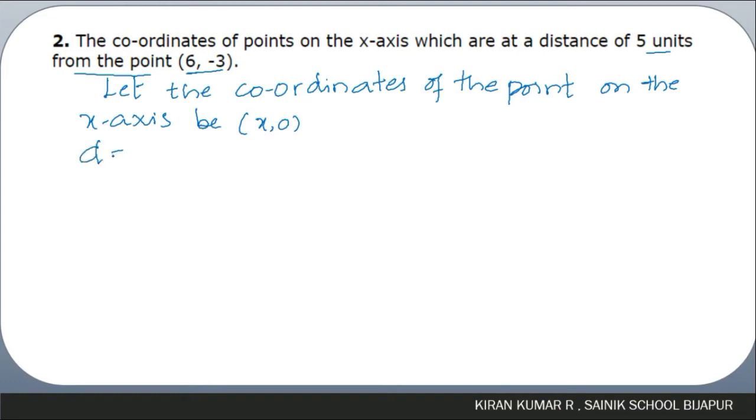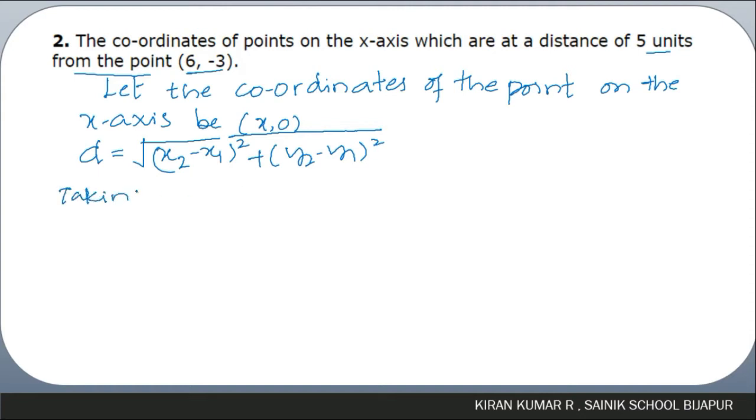The distance formula says that the distance between the coordinates is given by root of x2 minus x1 whole square plus y2 minus y1 whole square. Now, taking x1 y1 as 6, minus 3 and x2 y2 as x, 0, what do we get for the distance between them?